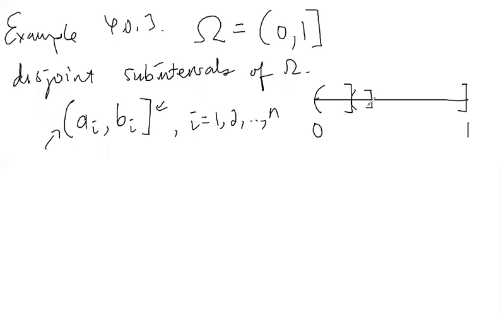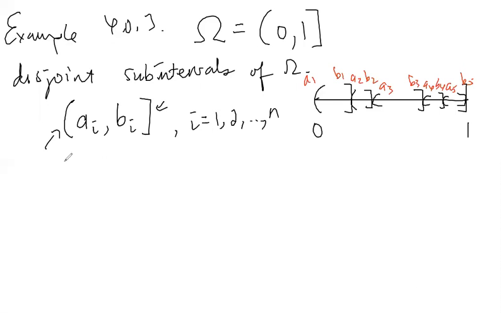They can be of different sizes. This is an example where this is A1, B1, A2, B2, A3, B3, A4, B4, A5, B5. It's basically just cutting your 0, 1 line into disjoint subintervals.